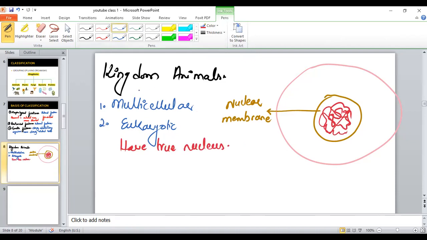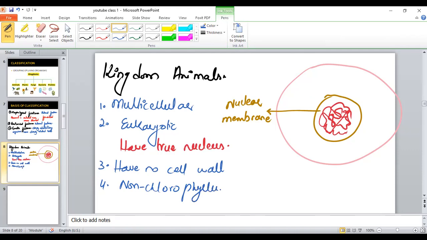Then eukaryotic, multicellular, they have no cell wall. Only cell membrane is there. In the animals, no cell wall is there, only cell membrane. Then non-chlorophyllous, like they don't have chlorophyll, so they are unable to prepare their own food.